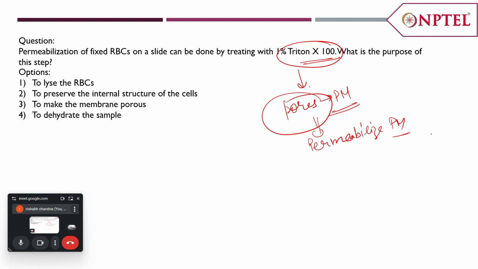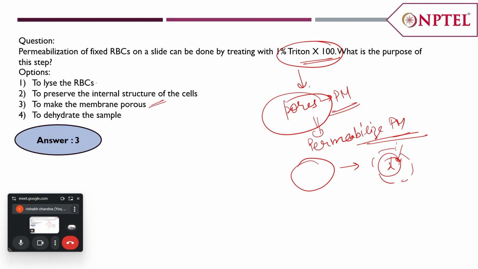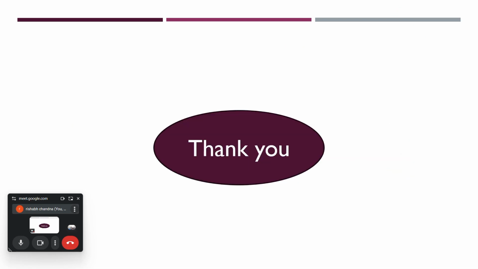Okay, so this is the basic function of the permeabilization that we are doing. So it breaks the plasma membrane, so that it allows the antibody entry inside the cell. Okay, so it basically helps in making the membrane porous. So the correct answer is option number 3.